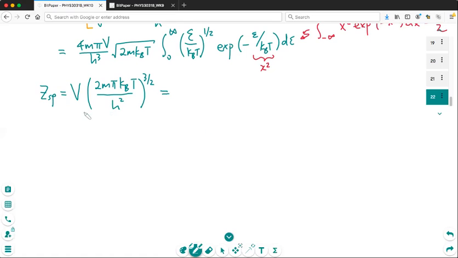Okay, this is dimensionless. And this is volume. So to make this dimensionless, this has to be some inverse volume, right? What is the meaning of inverse volume? Inverse volume means this is some kind of number per unit volume, right?